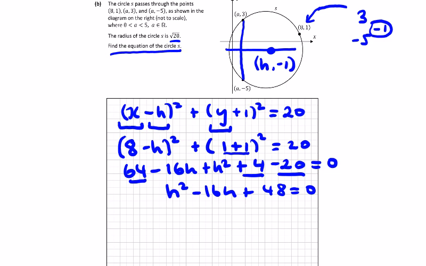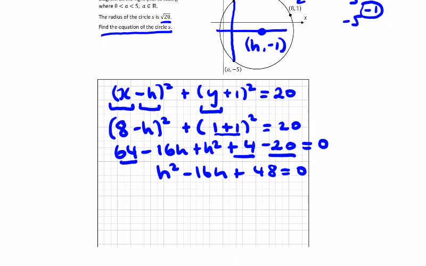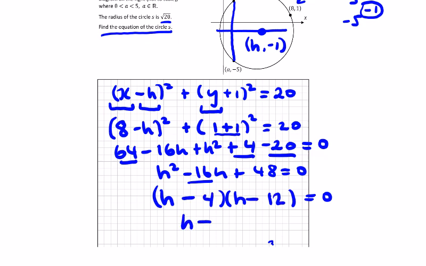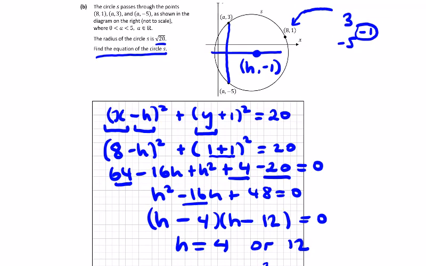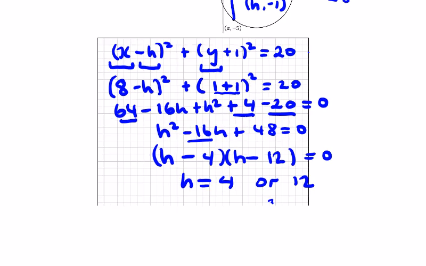We're just asked to find the equation of circle S, so one of these values in the quadratic can't work. 48, 12 by 4 will give me 16 if we add them together, 12 and 4, both minuses, so h is either equal to 4 or 12. Which one doesn't work? I think obviously it's 12, because with x being 8 here, the answer has to be less than 8 for the center, so the only one is 4, so not 12, 4.